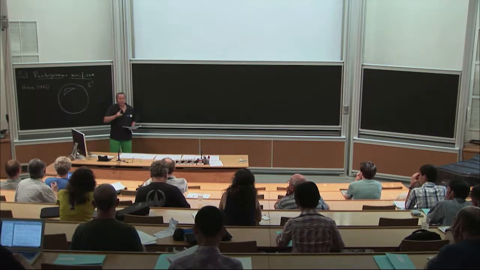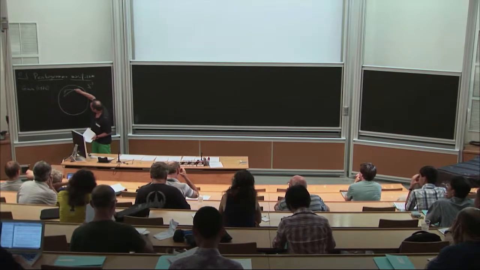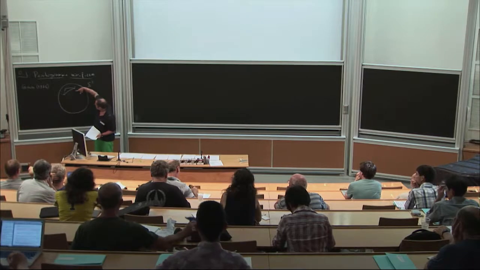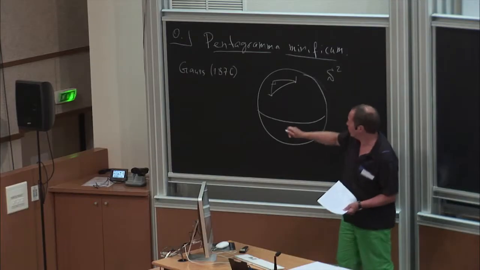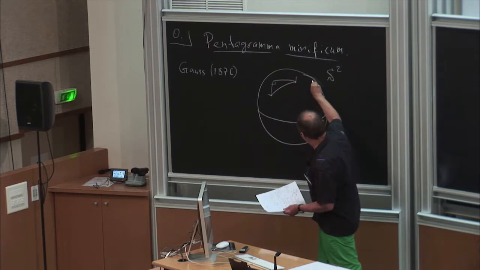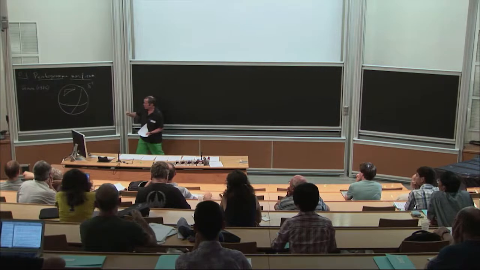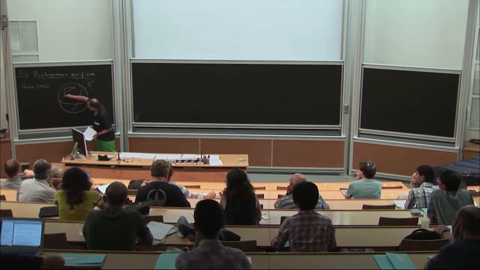And the picture Gauss decided to draw was the following. So he took these two vertices of the triangle and then drew a circle polar to each of these vertices. Next, he extended the edges.